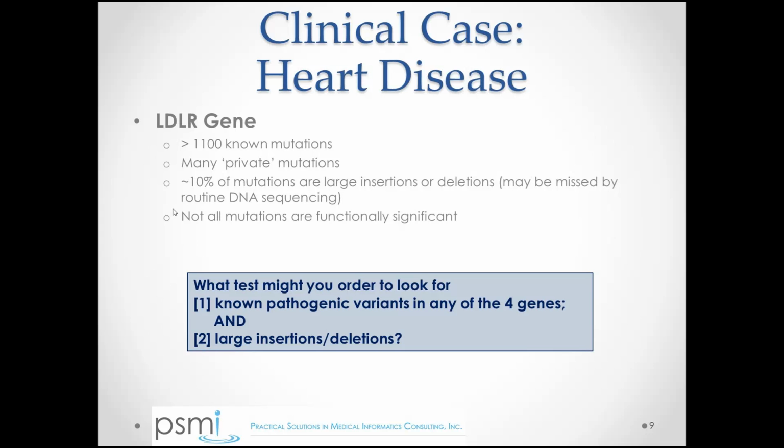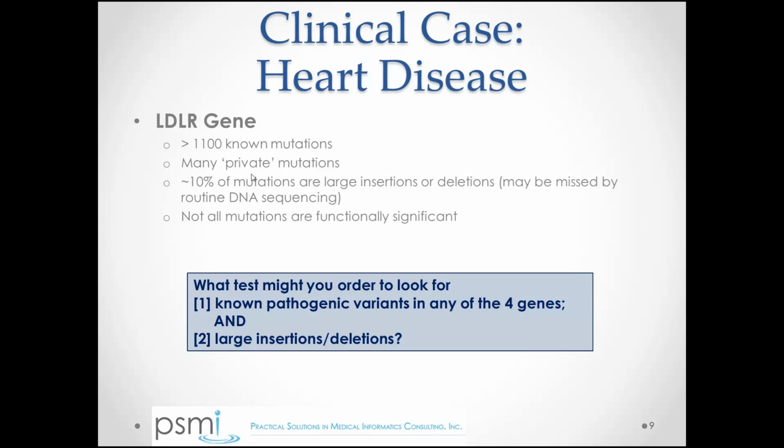The other thing that makes this gene interesting is that not all of the mutations are functionally significant. There are a lot of mutations in this gene that occur in areas, in an intron for instance, that have no functional significance, or a mutation that's a synonymous mutation that doesn't change the protein product. And so we can't simply go on a hunt for all of the different variations in this individual patient's LDLR gene, because we may come across a number of mutations, and we still don't necessarily know which one is the significant one.